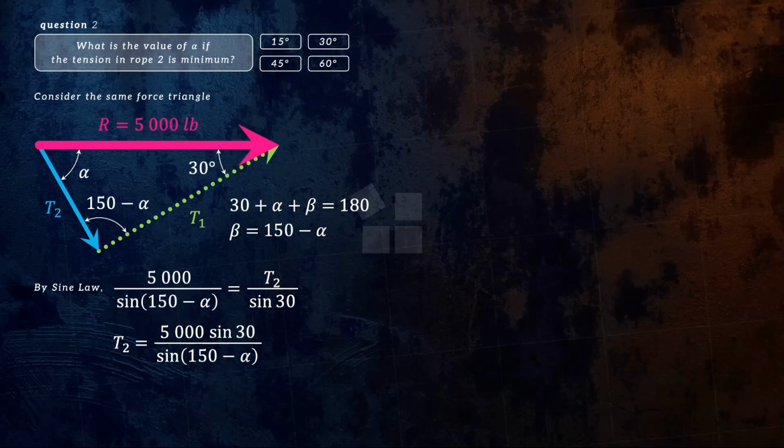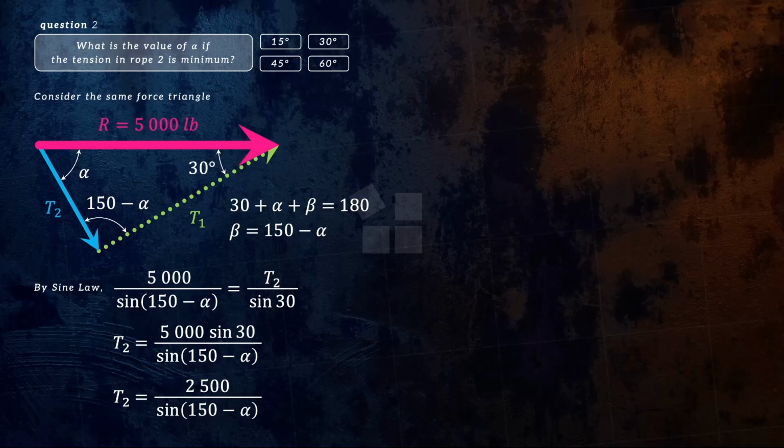We can still simplify this equation by solving 5,000 sine 30 at the numerator, which is just 2,500 over sine 150 minus alpha. And this is the equation for the tension in rope 2, which is T2 in terms of alpha.